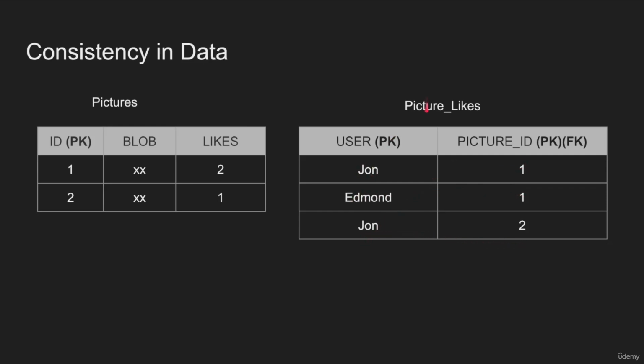So you have certain referential integrities here. And it's defined by you as the DBA, whoever built this, because the number of likes here better be equal to the sum of these. Because if I do a select count from this table where picture ID equals 1, I better get 2 likes, and this should be equal.